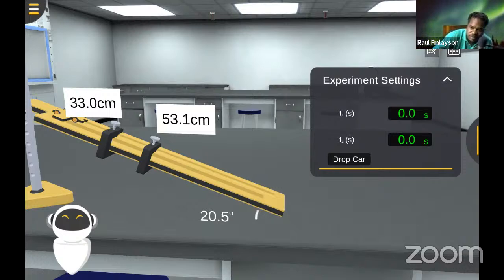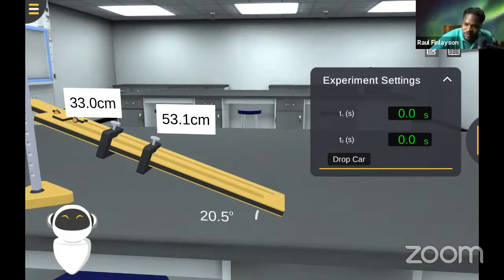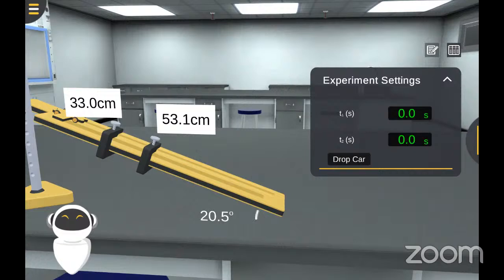Reaction time, or you could say the accuracy or the sensitivity of the device. Sensitivity of the photogate. Not all photogates are the same. You have cheap ones and you have dear ones as well. So all of that.